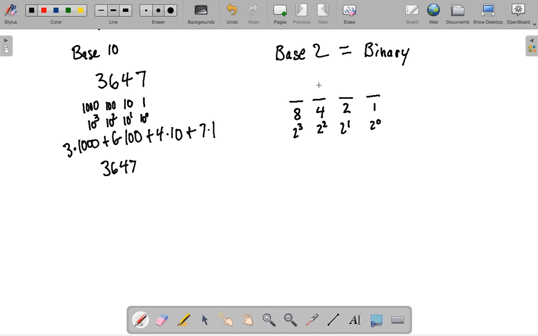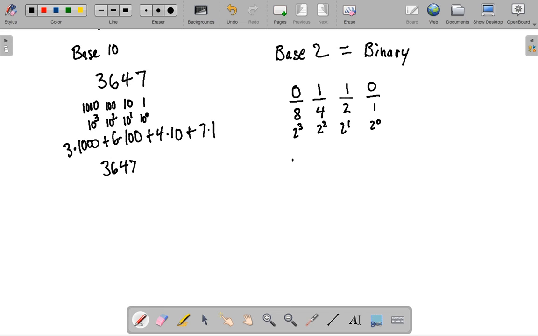So what that means is that a number like this, we don't have to worry about the leading zeros, just like in base 10, you might have other zeros here, but we don't worry about them. But this would be 1, 1, 0, base 2.